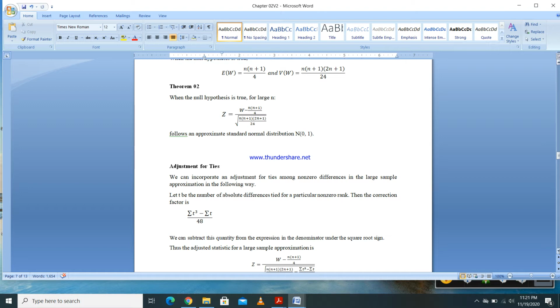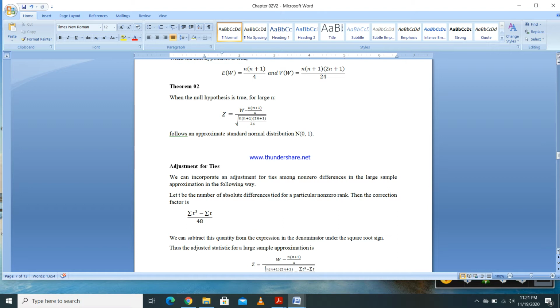If the same observation is repeating in your data set, what can you do? You have to make an adjustment for these ties. When you take the rankings of these tied values, you have to use a correction for the ties.